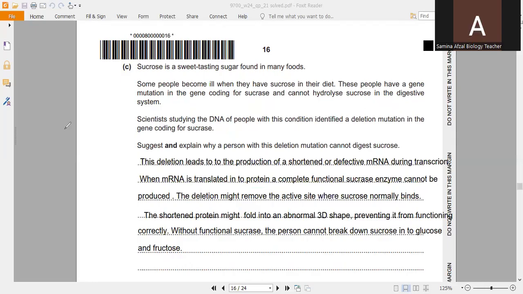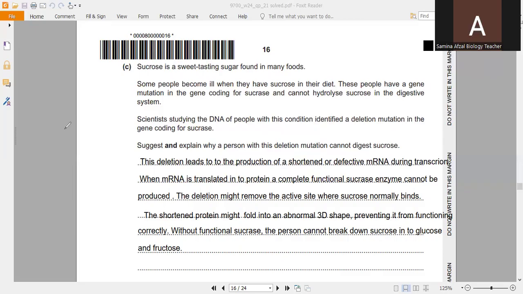Scientists studying the DNA of people with this condition identified a deletion mutation in the gene coding for sucrase. Suggest and explain why a person with this deletion mutation cannot digest sucrose.